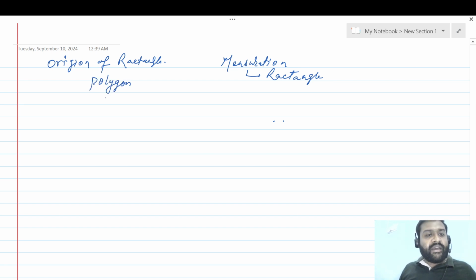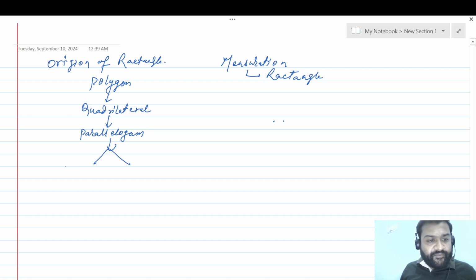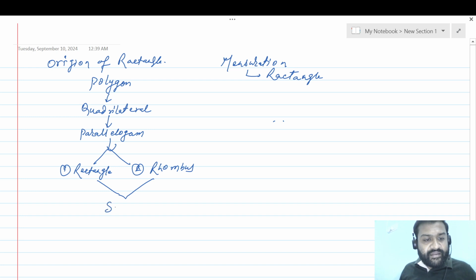First was the polygon, and after polygon we got quadrilaterals, and from quadrilateral we got parallelogram. From parallelogram we got two subtypes. The first one was rectangle, the second is rhombus, and by combining both we make a square.